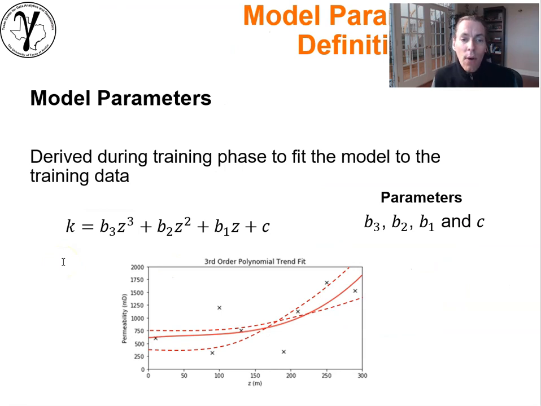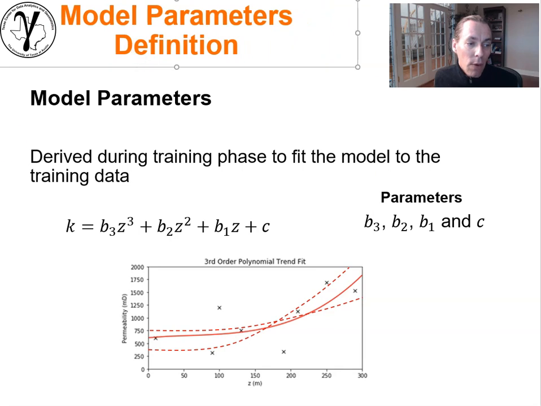Now, we've got model parameters that we want to work with. The definition of model parameters, once again, is the parameters that we can set to fit the training data. So for example, if we have a third order polynomial as shown right here, we have B3 through B1 plus, we could call this B0 or C, which would be the intercept term.